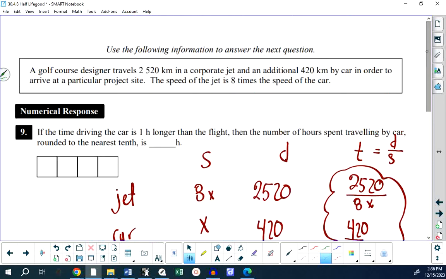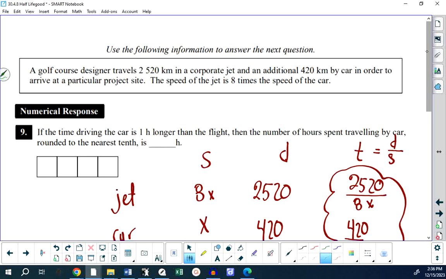And even this is tricky. It says the time driving is 1 hour longer. Okay, so I know that not all of us have great reading comprehension. That's not a criticism. We just all are at different levels. But when I read driving the car is longer, I say the time in the car is bigger. Right? The time in the car is longer. Man, have you ever been on a long car trip? The time is long. It's big.